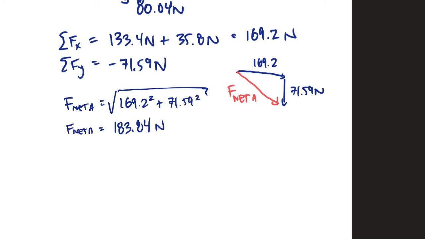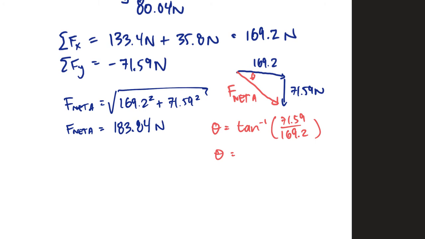That's the net force on A, and whenever we give a net force as an answer, we also need the direction. So I'm going to call that angle theta there, and we're going to do theta equals inverse tan of the opposite over adjacent, 71.59 over the adjacent 169.2, to give us what our angle is there.